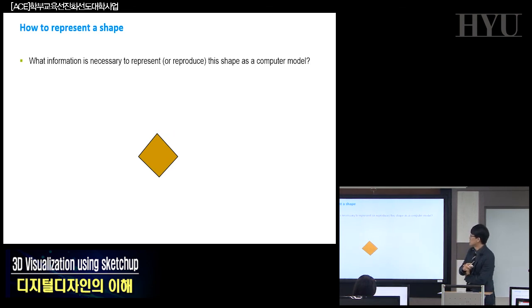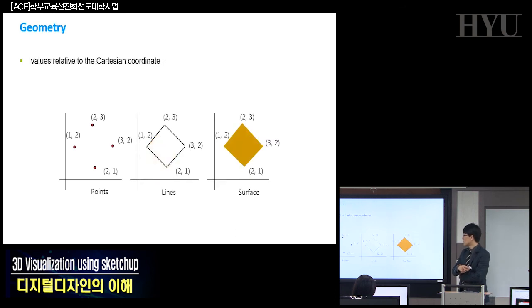What information is necessary to represent this simple rectangle shape as a computer model, a computer-calculable model? Okay, very simple. You may have learned this one in middle school, I think.